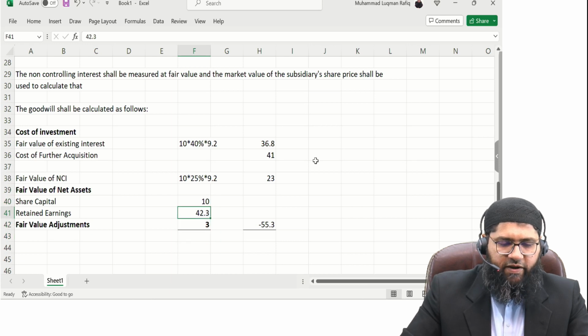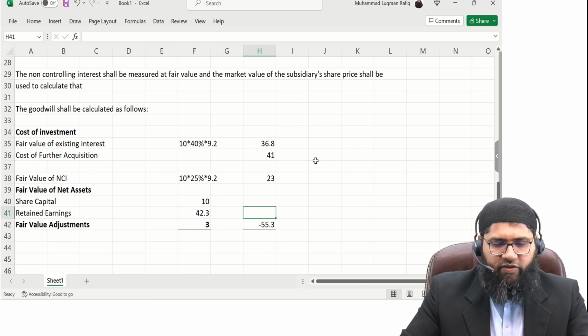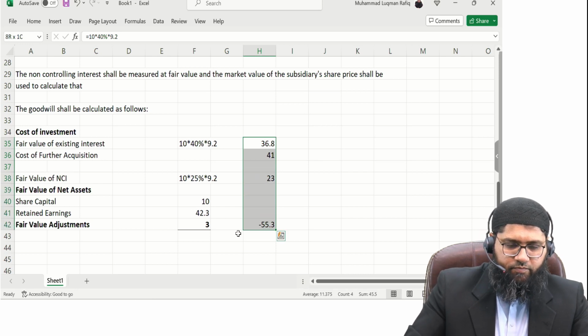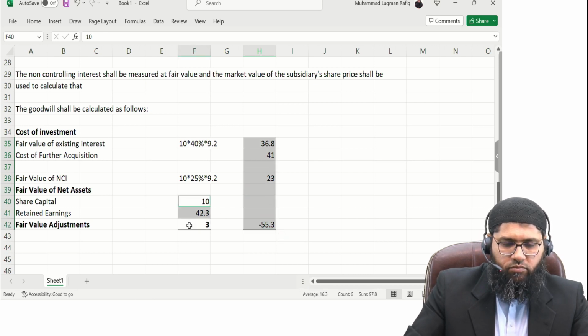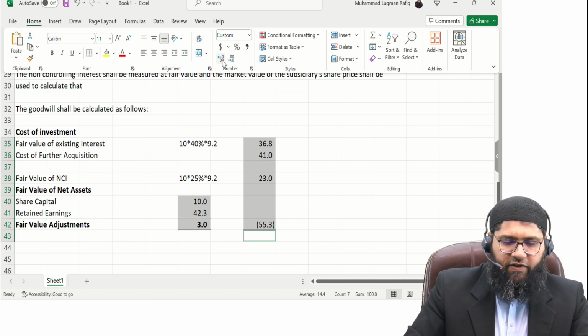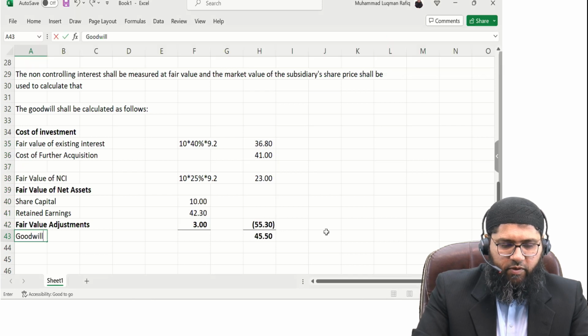Just try to understand this. Basically, we know from the question that this is 55.3. So resultingly, you will end up calculating the goodwill of 45.5 million.